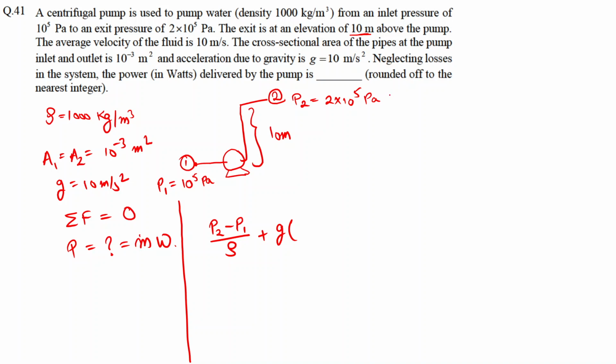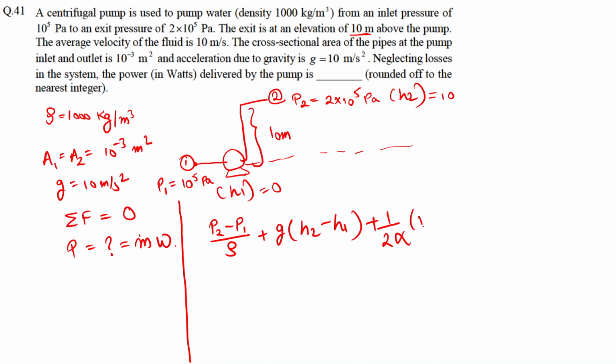So over here height is, let's call it, H2, and over here height is H1. If this is our reference, we can call this height 1 as 0, and this height 2 will be 10 meters. So let's just write it (H2 minus H1) plus 1 upon 2 alpha (V2 square minus V1 square) plus summation of F plus work done is equal to 0.